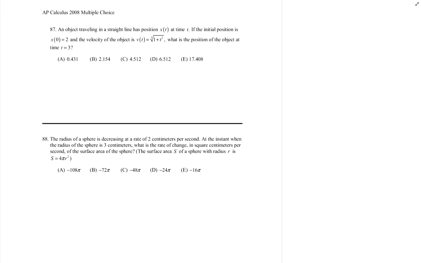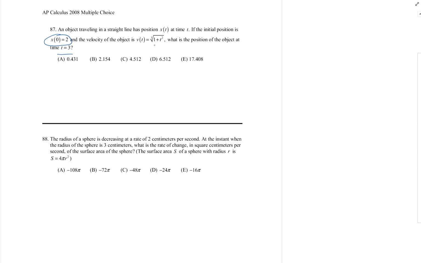An object traveling in a straight line has position x of t at time t. Initial position here, velocity is this. What's the position at 3? Again, that's going to be an integral at 3, and I know that's the initial position. Normally we'd take the indefinite integral, use this to find the constant, and then plug 3 into it.